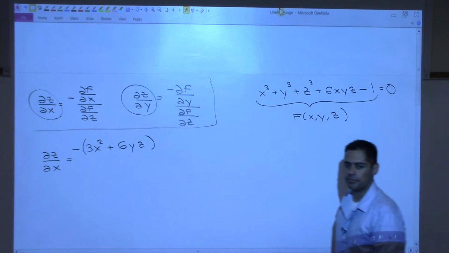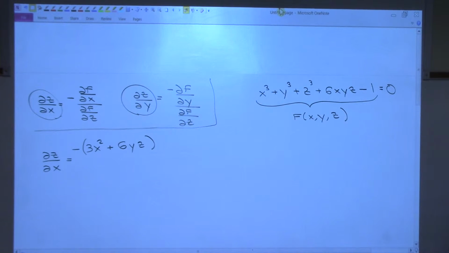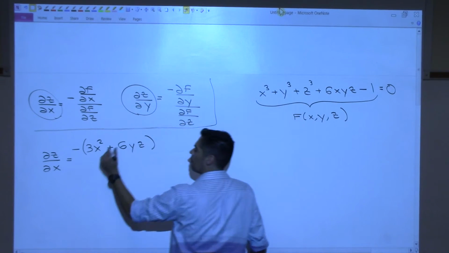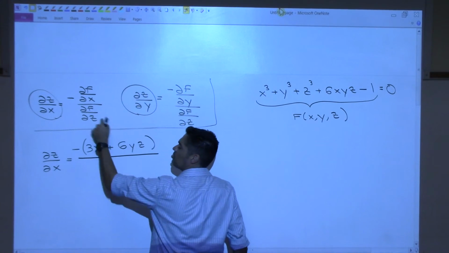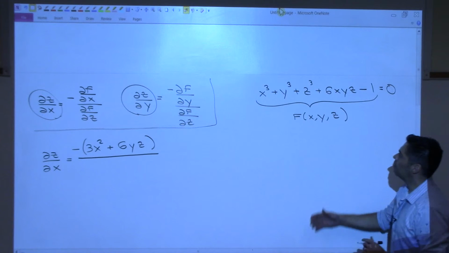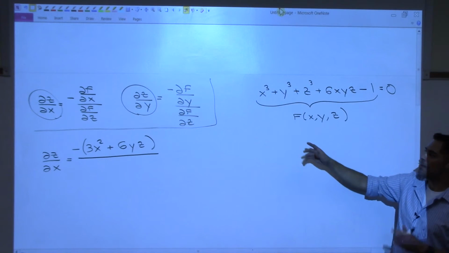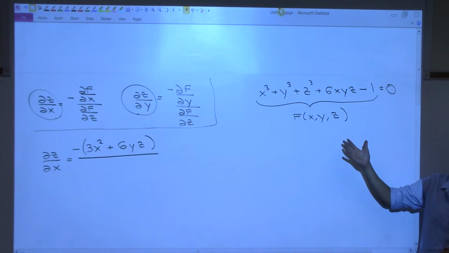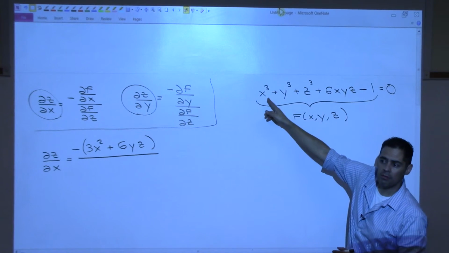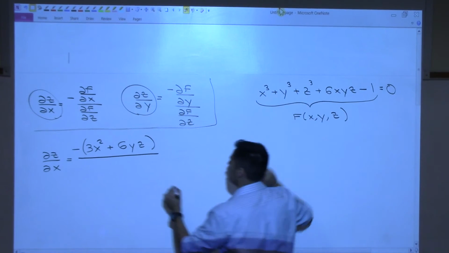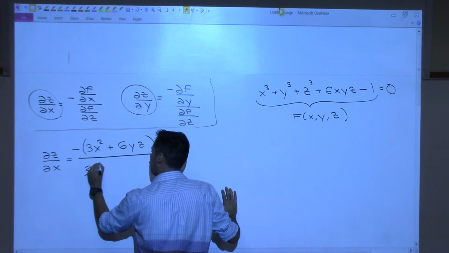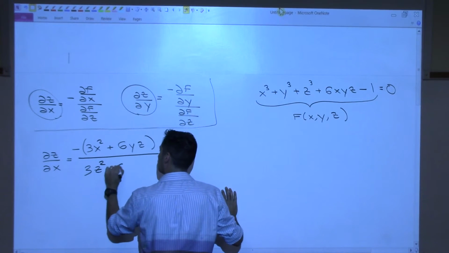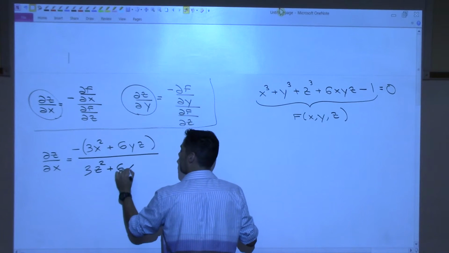Okay? Got it? And then over the partial of f with respect to z, which is the same thing. You're going to let z be your variable and let x and y be your constants. So 0, 0, 3z squared plus 6xy.